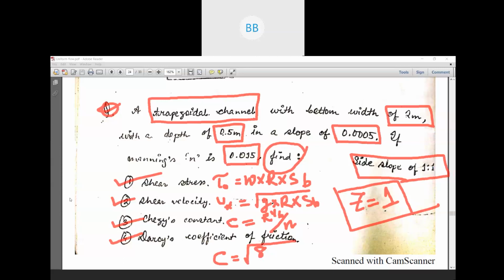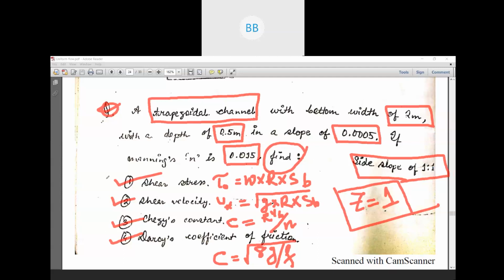Okay, that we have already derived. So from here you can find out the friction factor, that is small f. C value is already calculated, so you can substitute here and you can find out the friction factor.